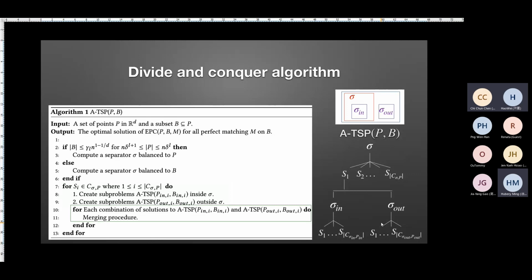Once we have the solutions to these subproblems, we should merge them. This is the merging procedure we have discussed. That is to say, we have to check if the solutions inside and outside of the separator could be merged, and then merge them.